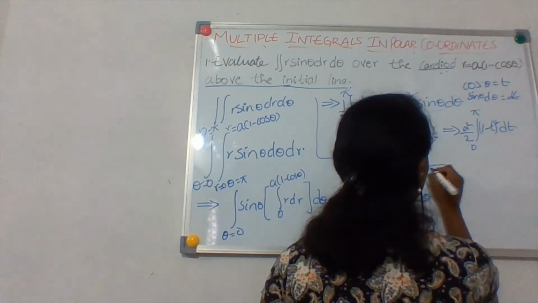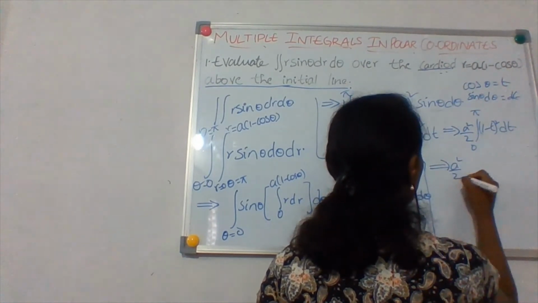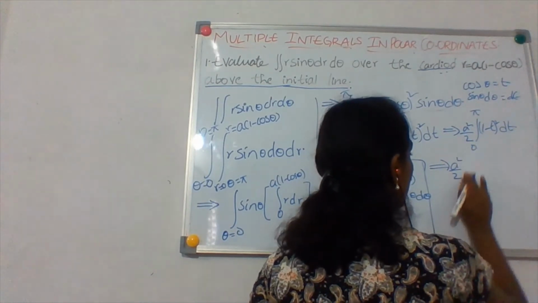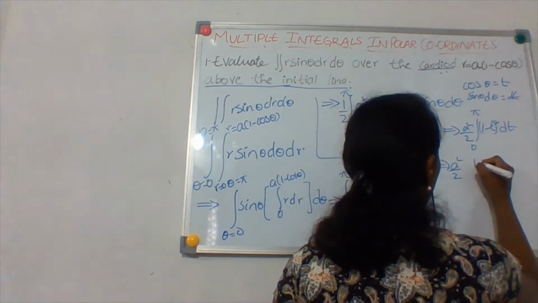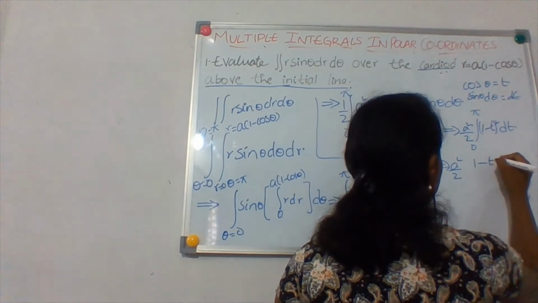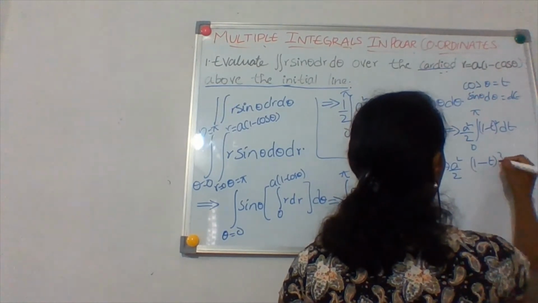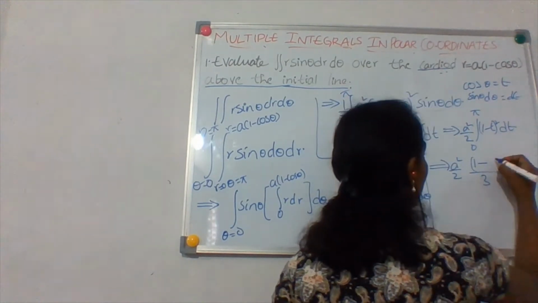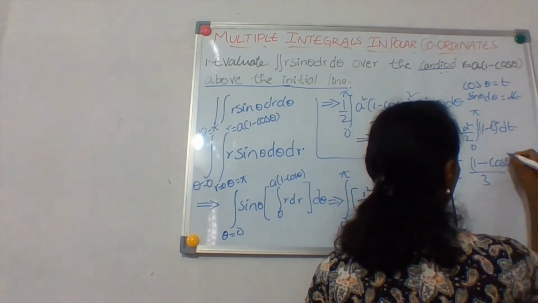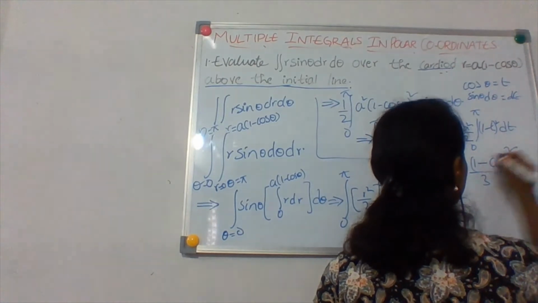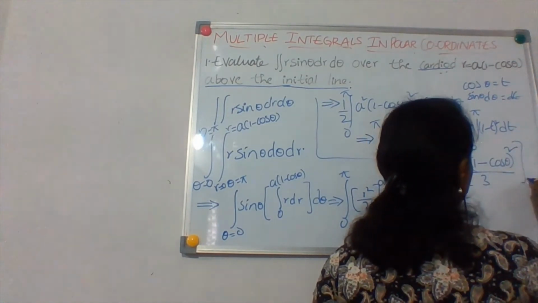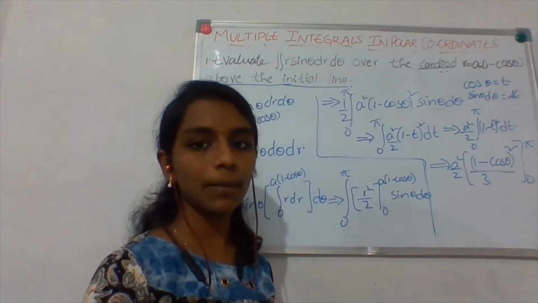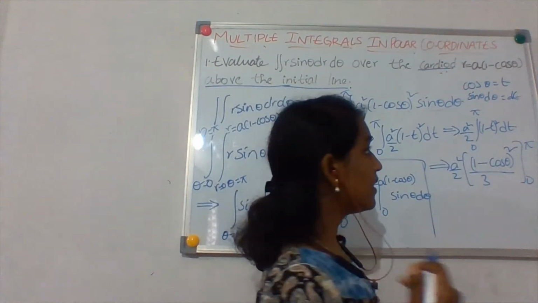The integral of 1 minus t whole square gives me 1 minus t whole cube by 3, right? So instead of t, I will put cos theta itself, and the limits will be from 0 to pi. Otherwise, I have to change the limits also. Have you remembered? I have to change the limits also.